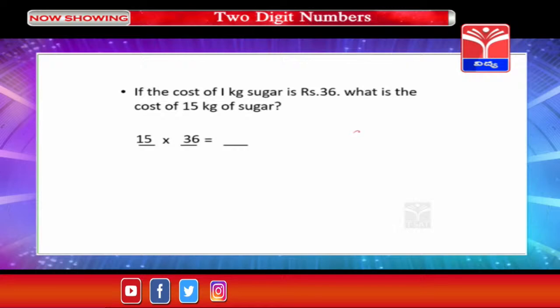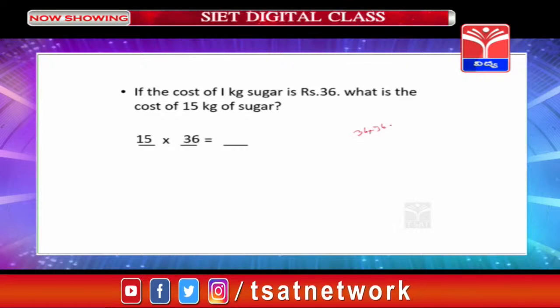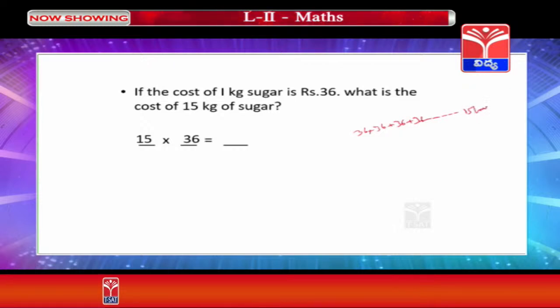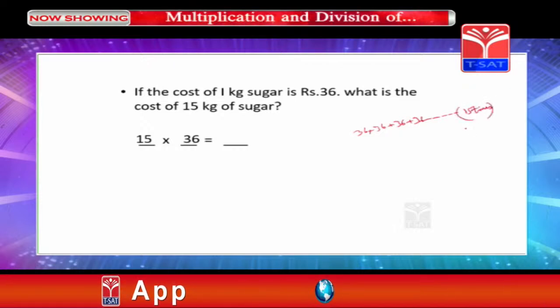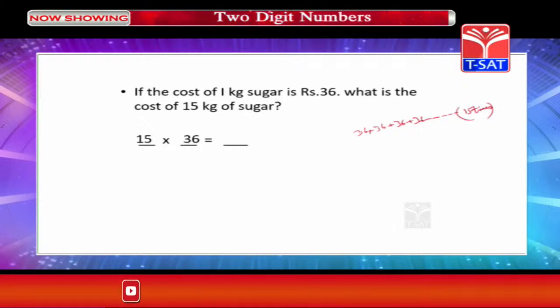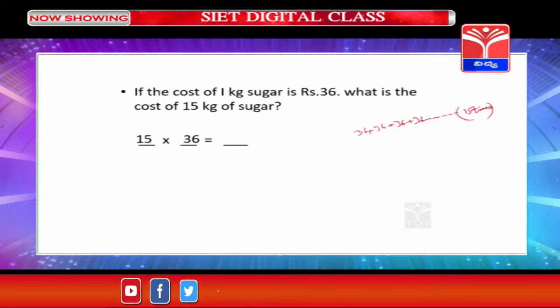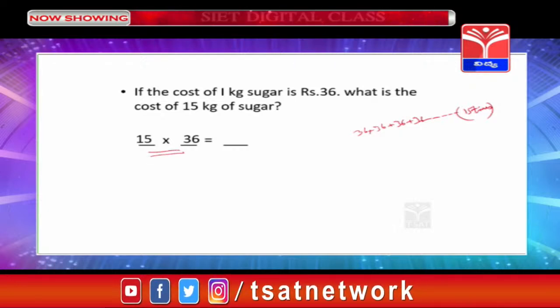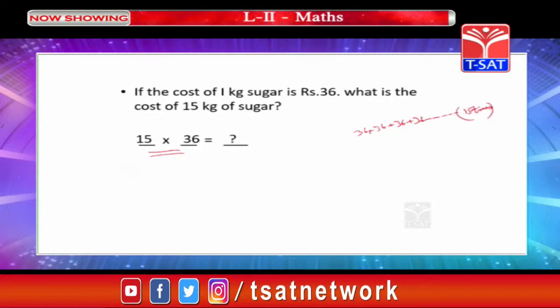That means 36 plus 36 plus 36 plus 36, up to 15 times, adding 36 repeatedly. We are using a simple method: instead of repeated addition, we are using the multiplication concept. So try to understand this process.